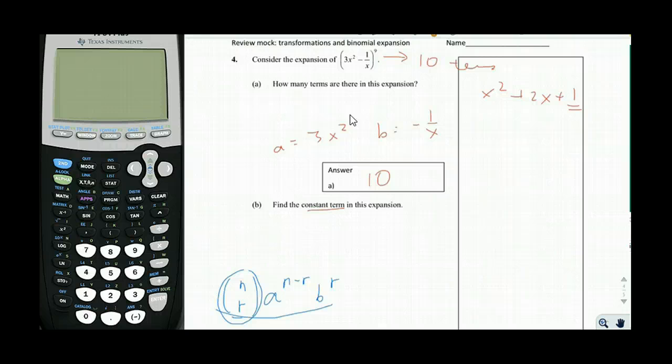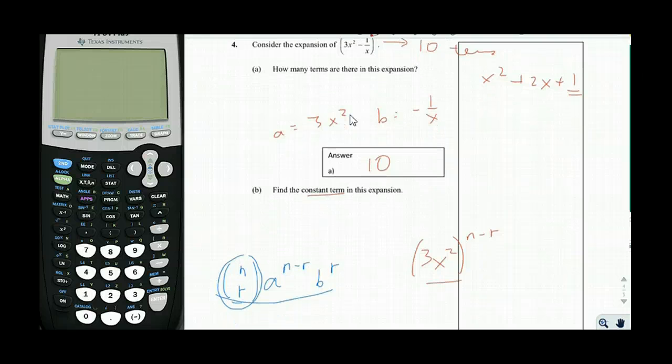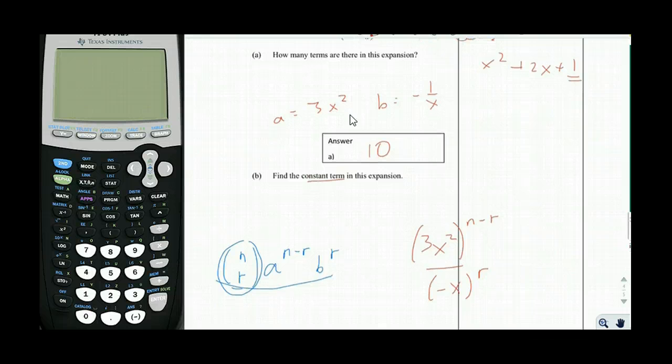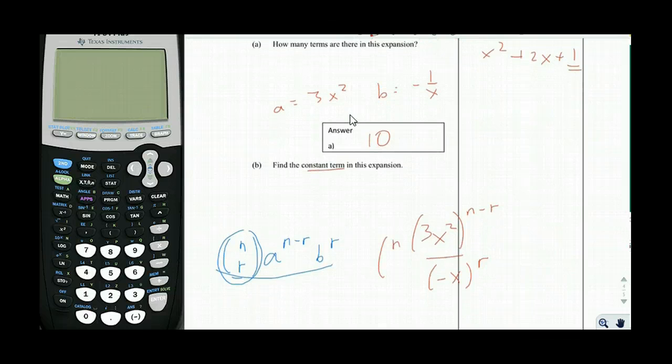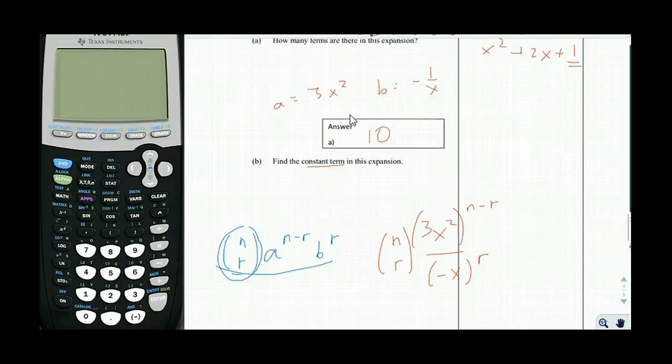So basically, we're going to look for the term in which 3x squared is going to be to the n minus r, and then b, which is negative 1 over x, and we could write that like this, negative 1 over x, and that's to the r power, okay? And then we're going to have our coefficient, which is that, okay?